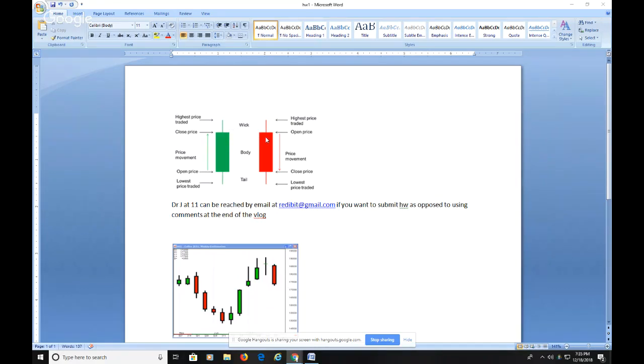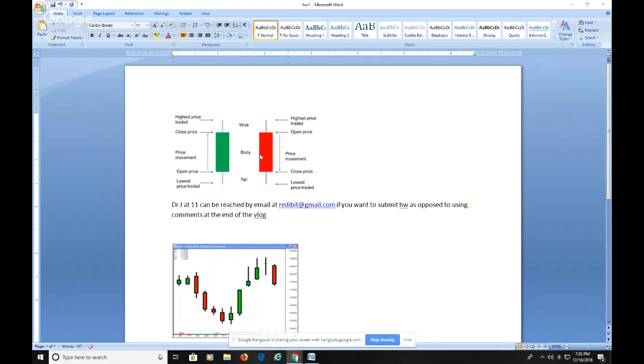It's red if the open is higher than the close, which means we lost money from the open to the close. It doesn't mean that we lost money from the day before. It absolutely does not mean that. There are tons of examples where you could have a red candlestick that closes higher than the close of the day before.